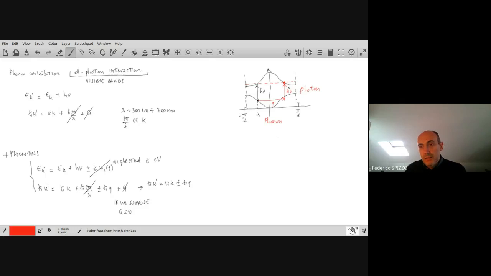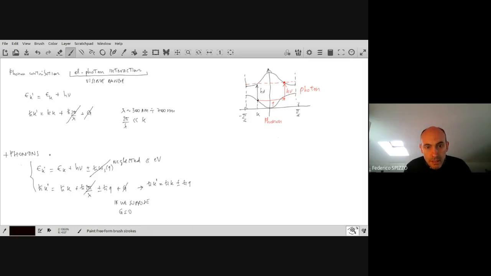So in this situation, the optical behavior of the system is more variable with respect to the situation where we consider only the contribution of the electron and the photon.